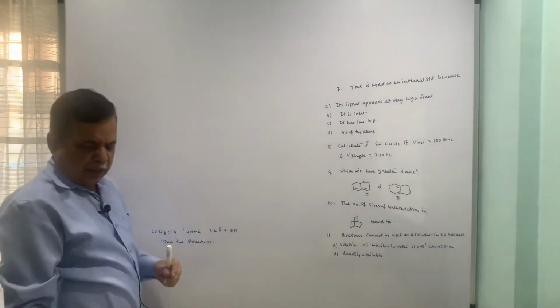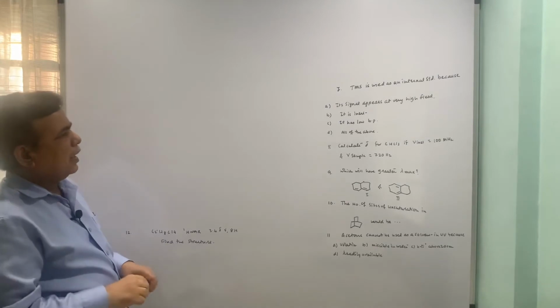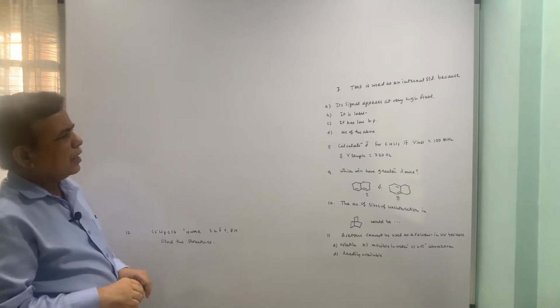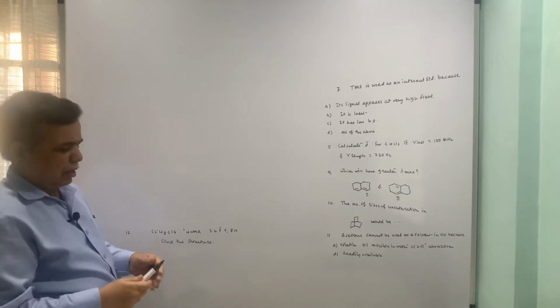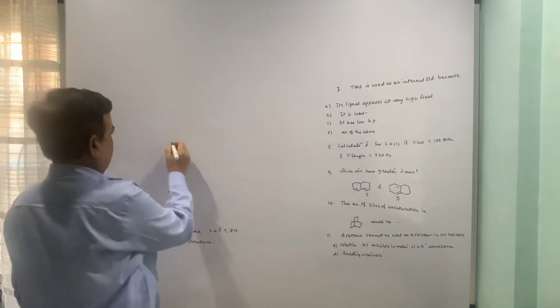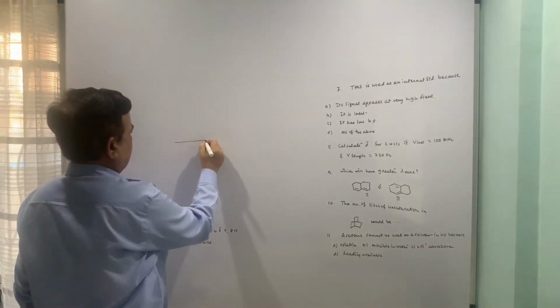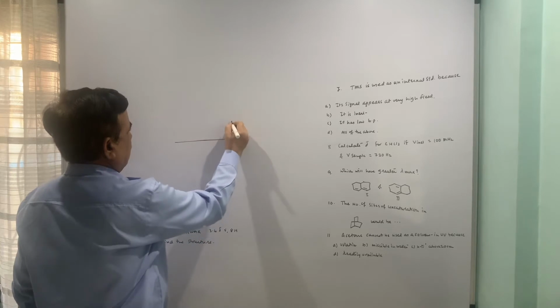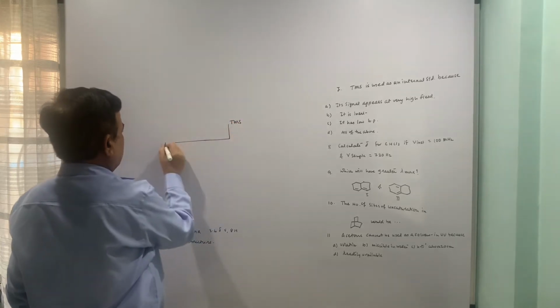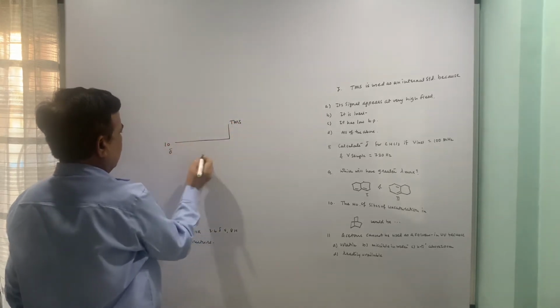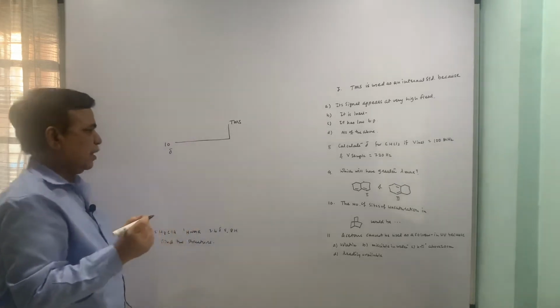Next question is, TMS is used as an internal standard because of the reason we know. And then 10 delta, this is the normal spectrum.